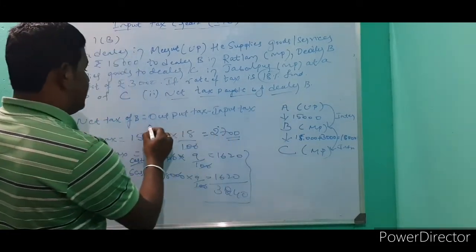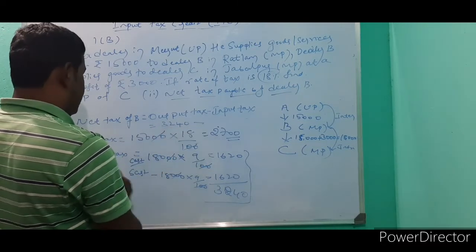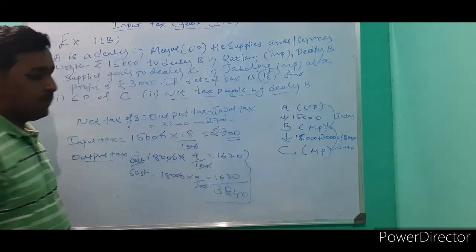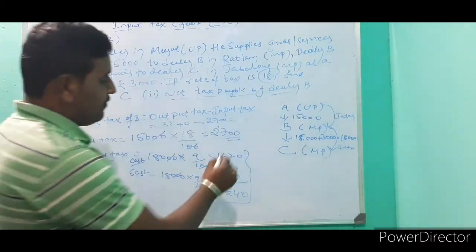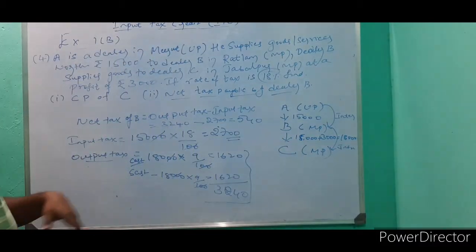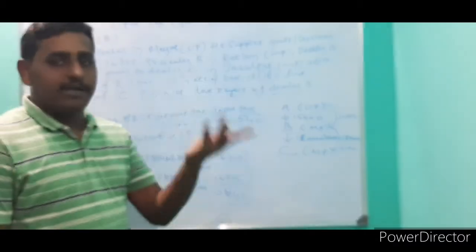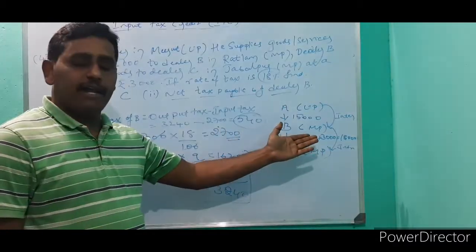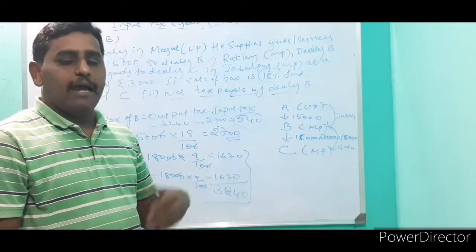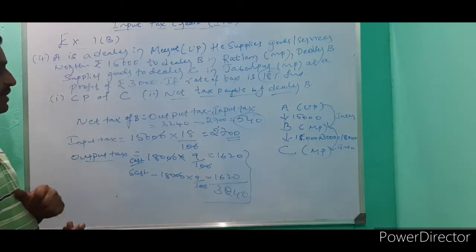So net tax: 3,240 minus 2,700. So net tax is 540. 540 rupees. So this 540 rupees is collected by dealer B and paid to government. Now we have to find cost price of C.